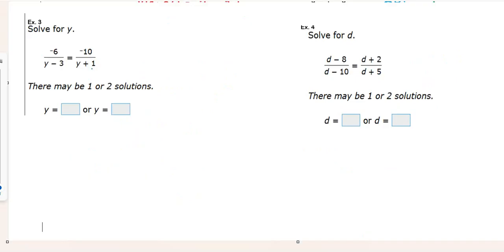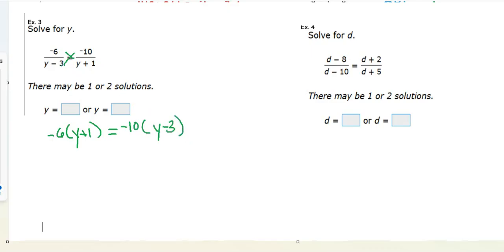Right, example number 3, same deal. We're going to cross multiply. And I'll do it down here. So that's going to give us negative 6 times y plus 1 equals negative 10 times y minus 3.